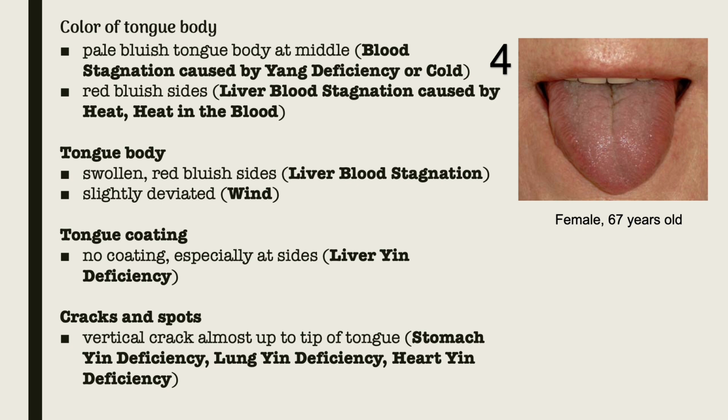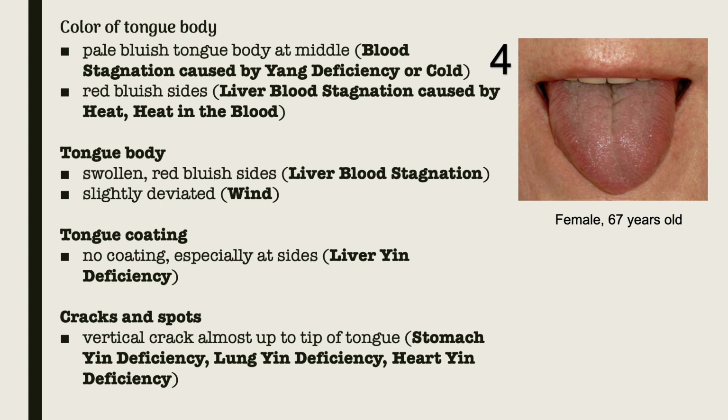The color of the tongue body is pale bluish, particularly at the middle. So this is blood stagnation caused by yang deficiency or cold. If you look at the sides, it's red bluish. So this is liver blood stagnation caused by heat, or there is heat in the blood.